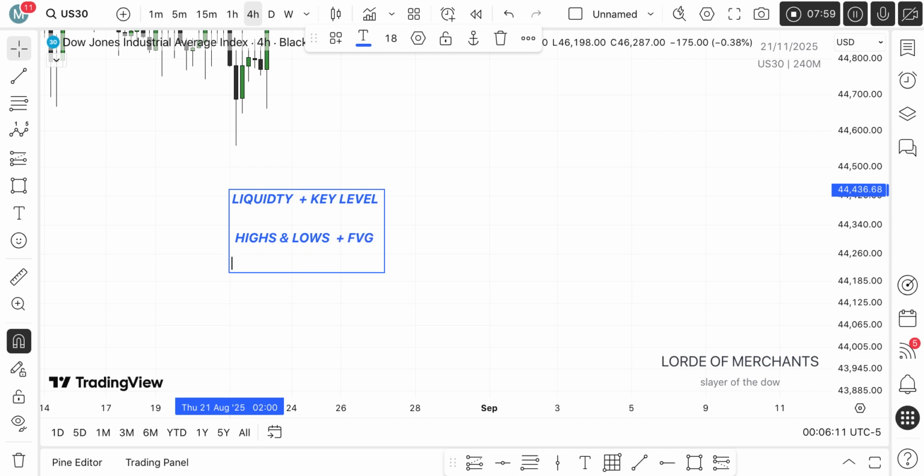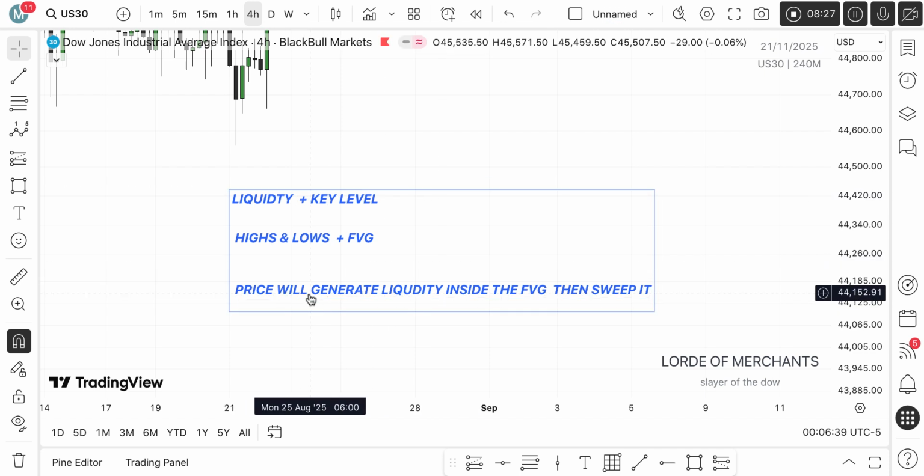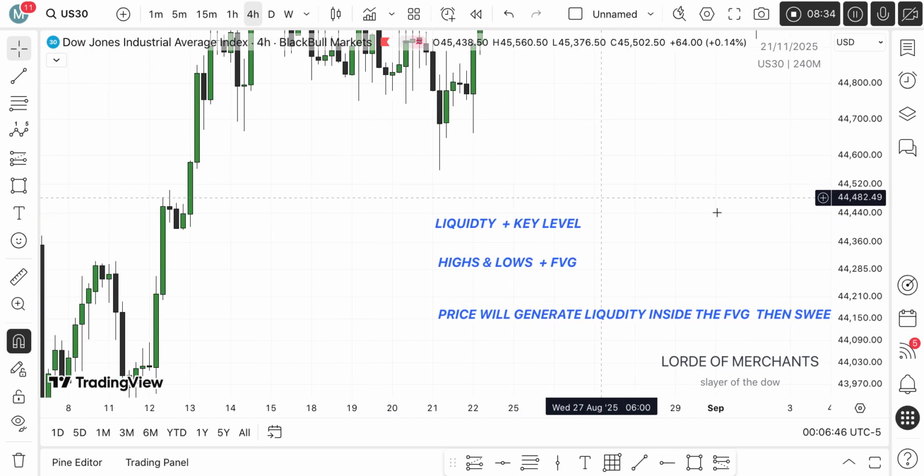So what price will essentially do is generate liquidity inside the fair value gap and then sweep it. This is essentially turtle soup. So the price will generate liquidity, a high or a low inside a fair value gap, and actually take it out. So let's dive into the charts and see some examples of liquidity.